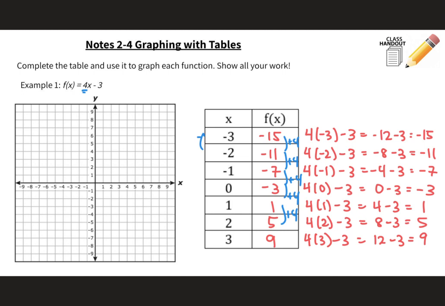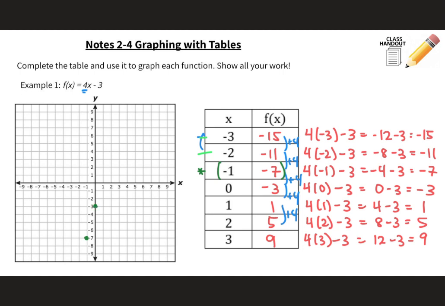I'm not going to plot the first two just because those are going to be off the graph. So I'm going to start by plotting this point. So this is going to be an ordered pair, -1, -7. So from the origin, -1 to the left and down 7. So my point's going to be right here. And then my next point is going to be 0, -3. So 0 is on the y-axis, -3.